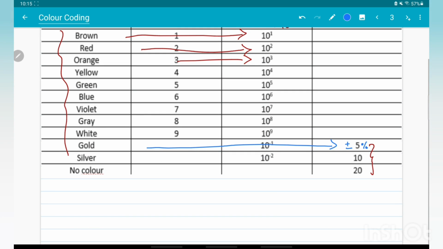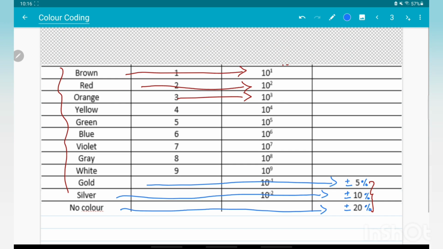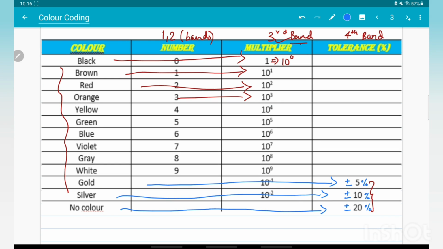If the fourth band is of silver color, then your percentage tolerance will be plus or minus 10%. Or if the fourth band has no color, then your tolerance percentage will be plus or minus 20%. So this is about the tolerance percentage. This is a table which you have to remember.